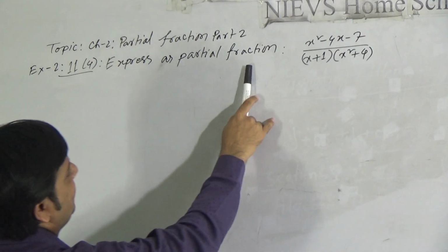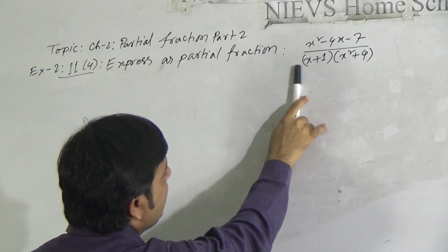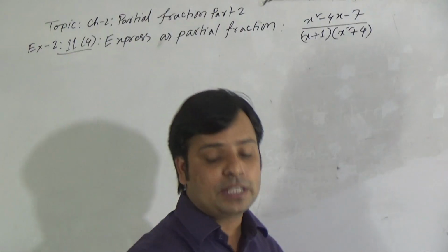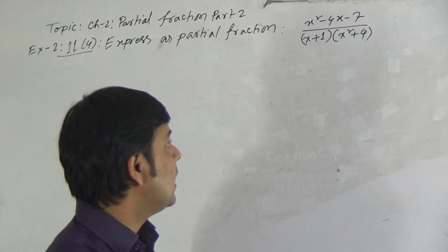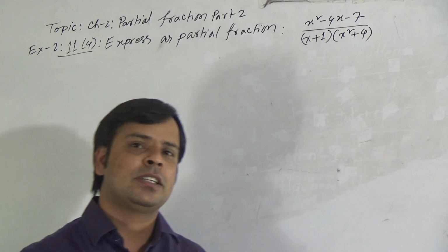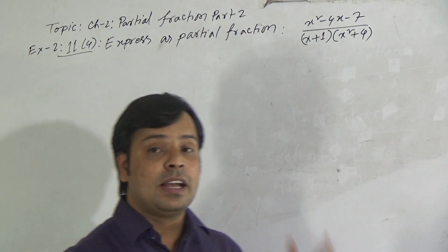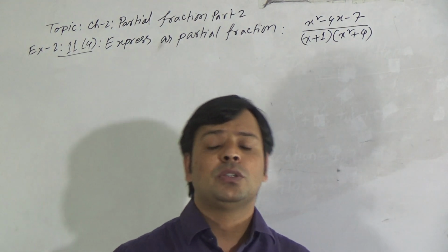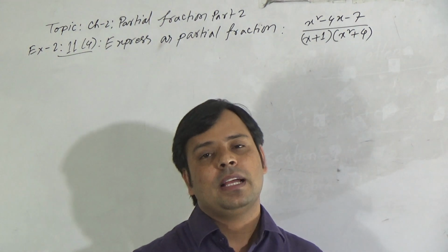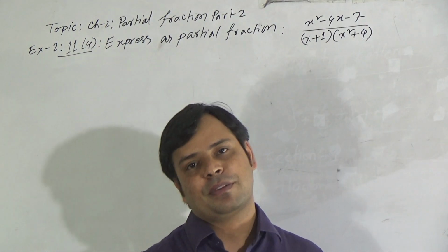Express as partial fraction. So here is a fraction given. We have to express this fraction as partial fraction. Okay, dear students. In the last class, I have told that there are different ways for expressing a fraction as partial fraction. In the last class, I have shown you two different ways: when the fraction is a proper fraction and when the fraction is an improper fraction.